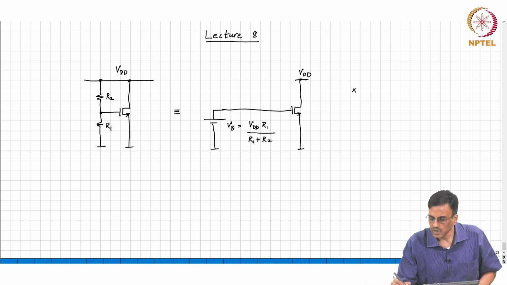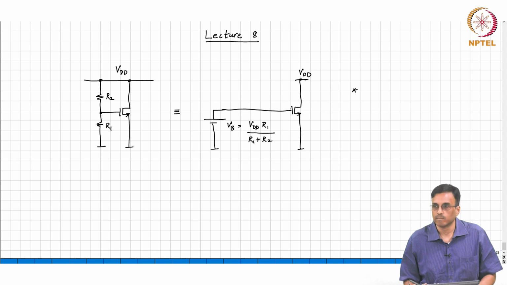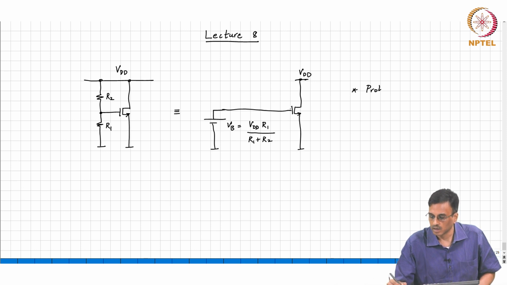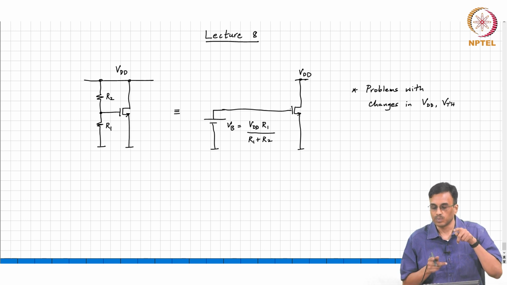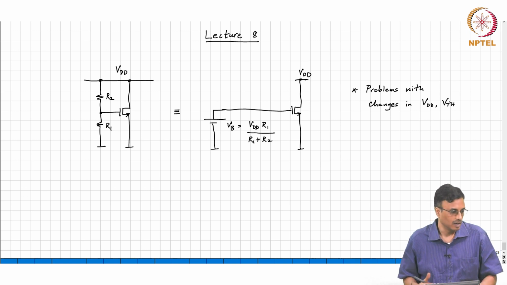Now, what are the problems with this arrangement? Problems with changes in VDD as well as V threshold, and since threshold voltage is a function of temperature, if the ambient temperature changes, then the threshold voltage changes, but the gate bias does not know anything about the threshold voltage of the device, and therefore the operating current changes, and then with it the GM and all the other stuff.